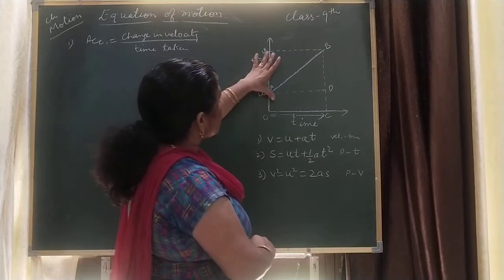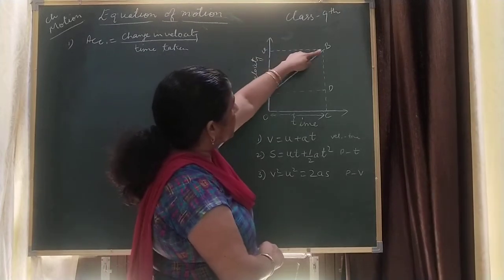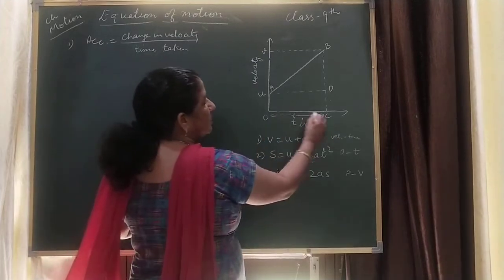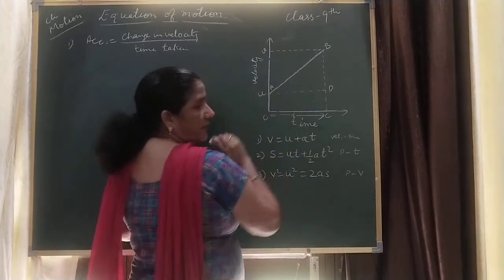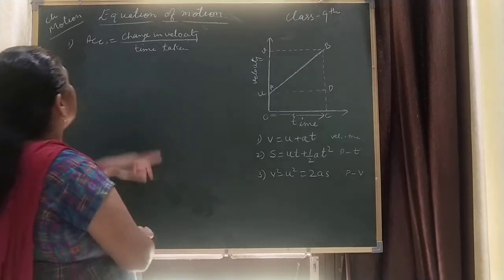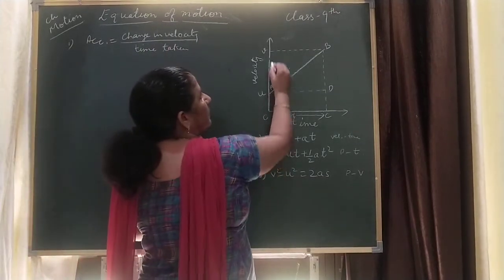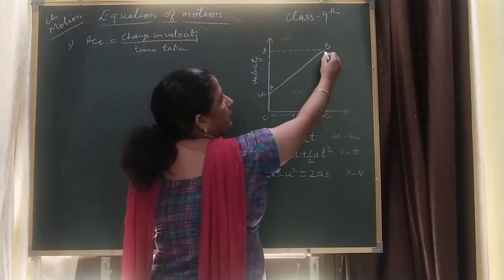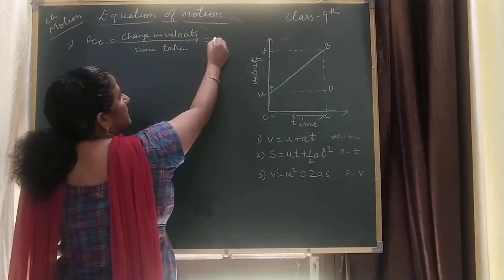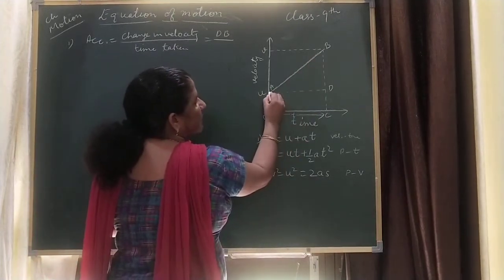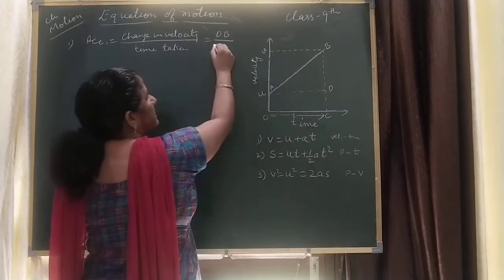So this distance OC is equal to AD. Now change in velocity is from D to B. Change in velocity is DB upon time taken, which is AD.